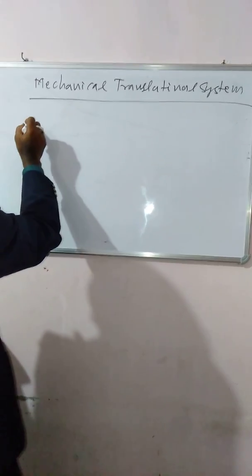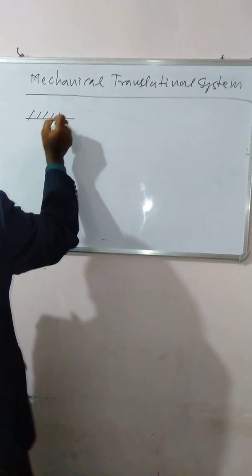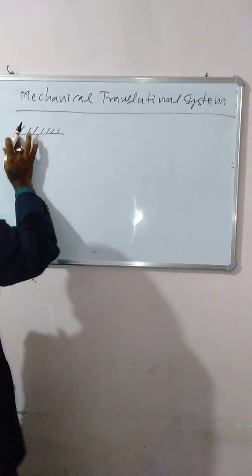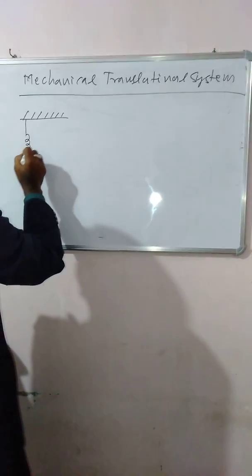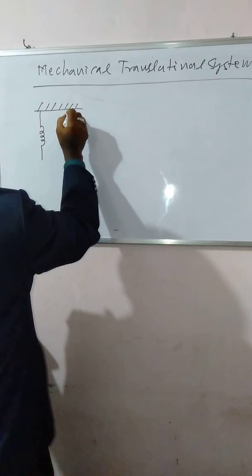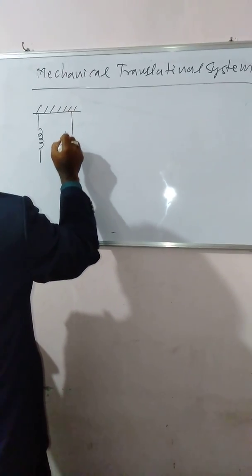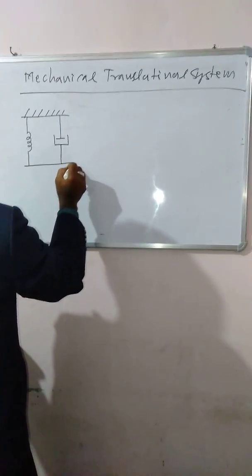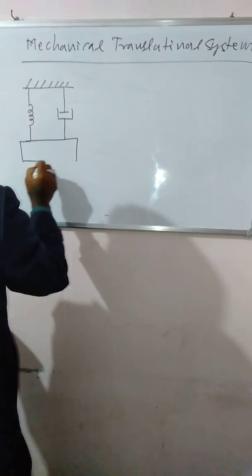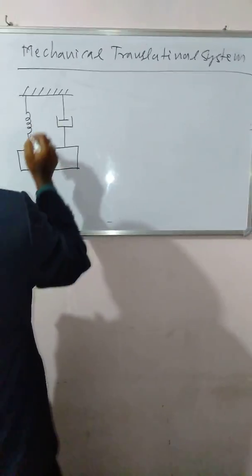It has three basic elements: one spring, one damper, and one mass, that is a spring, mass, damper system.